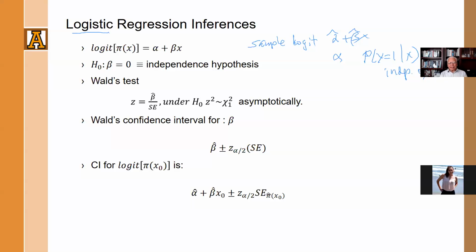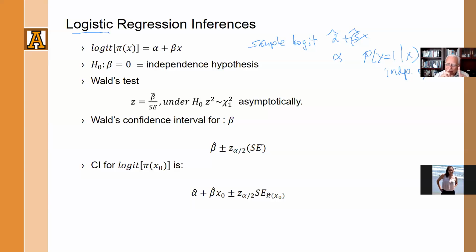So the null hypothesis that beta is equal to 0 is the hypothesis of interest because it's the hypothesis of independence. To test that hypothesis, we normally use the Wald test, which is sort of the standard test.